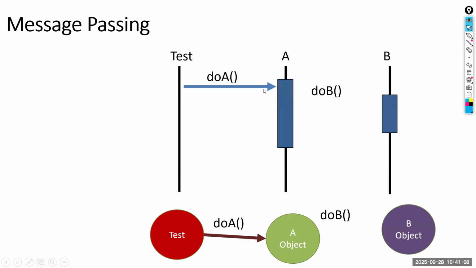So when I call doA, inside the doA method, the A object calls doB of the B object and gets those results to return me the final result. Okay. So that is message passing. And message passing is possible because there's an association between A and B. Okay.